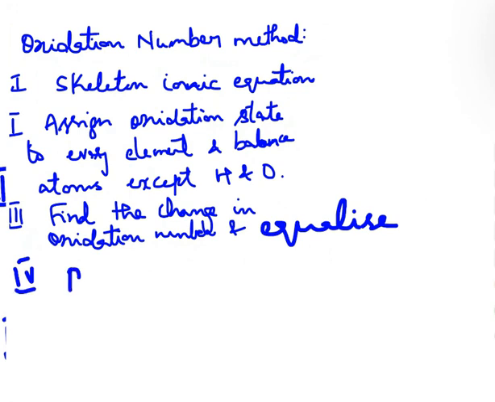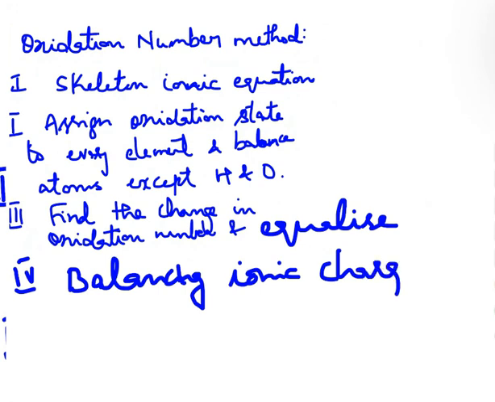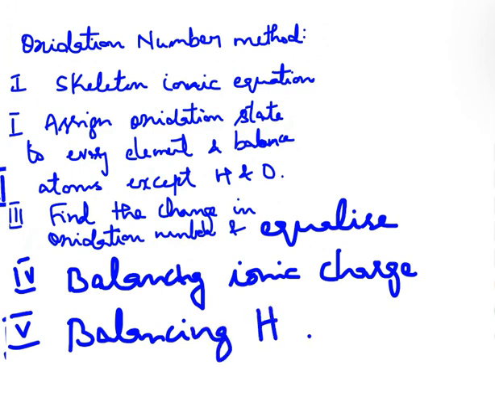After that, you balance the charges, ionic charges. So we see the total ionic charge on the left side, and see the total ionic charges on the right, and try to divide them. And the last one is balancing the hydrogen and oxygen atoms. This is the 5-step approach that we're going to carry out.